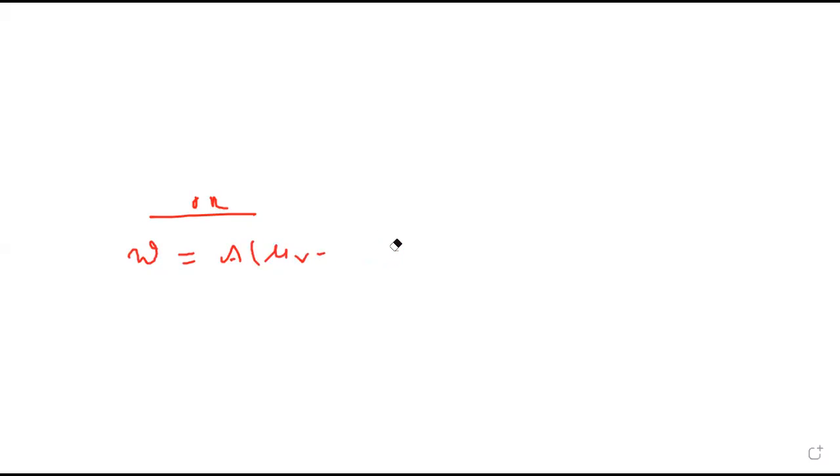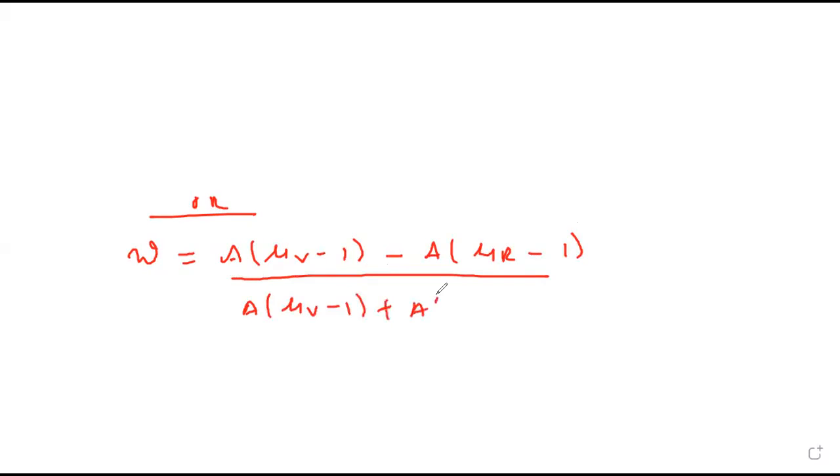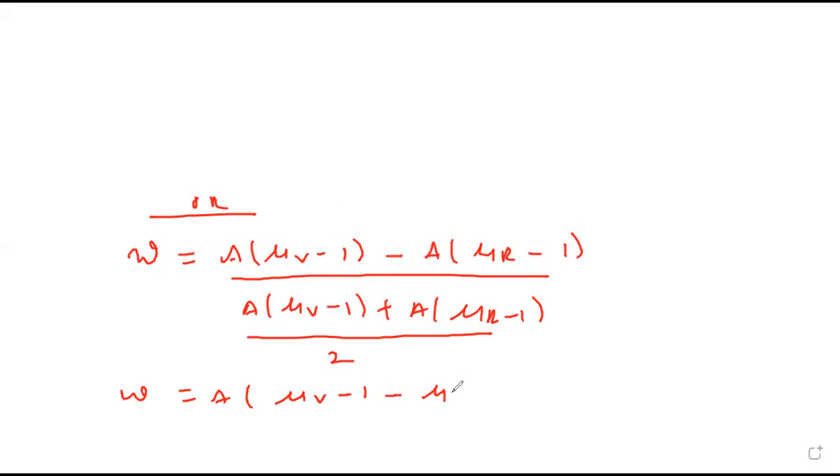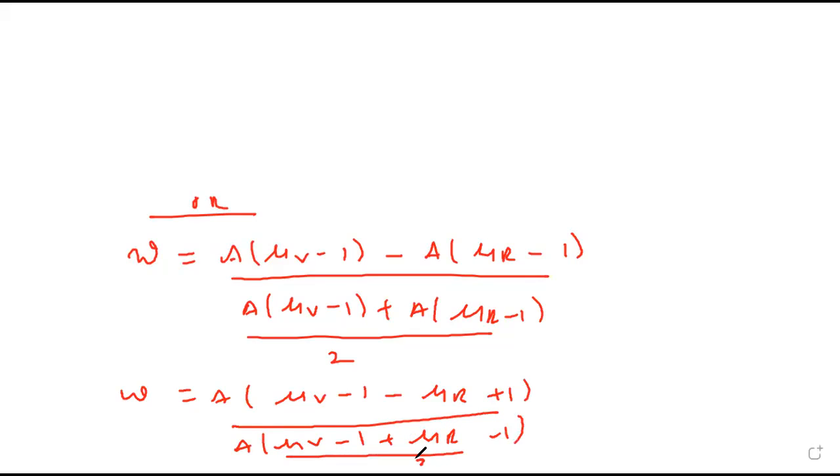This is delta V minus delta R upon the average, which is A(mu V minus 1) plus A(mu R minus 1) upon 2. A into (mu V minus 1 minus mu R plus 1) upon A times (mu V minus 1 plus mu R minus 1) whole upon 2.